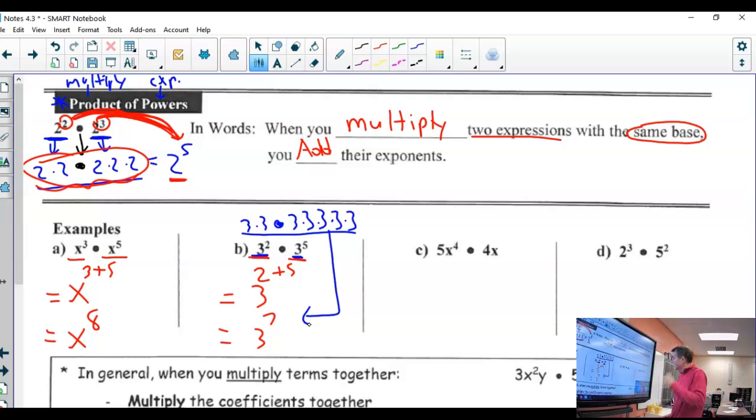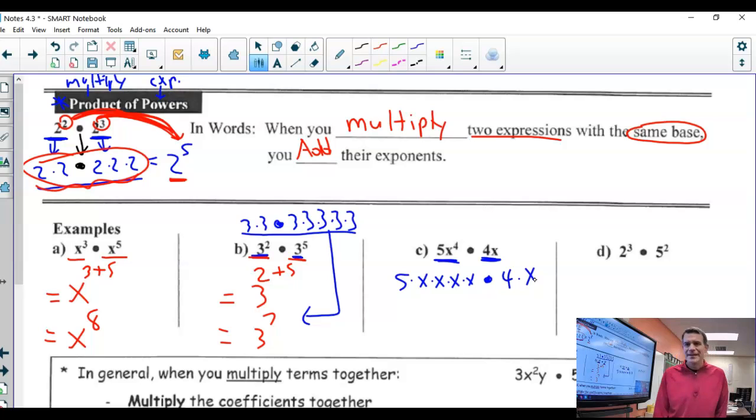All right, let's look at a more difficult one. 5x to the fourth times 4x. Now let's think about this. 5x to the fourth is really 5 times x times x times x times x, and 4x is 4 times x.